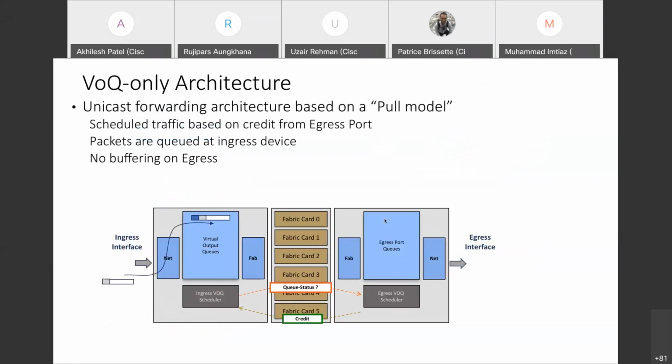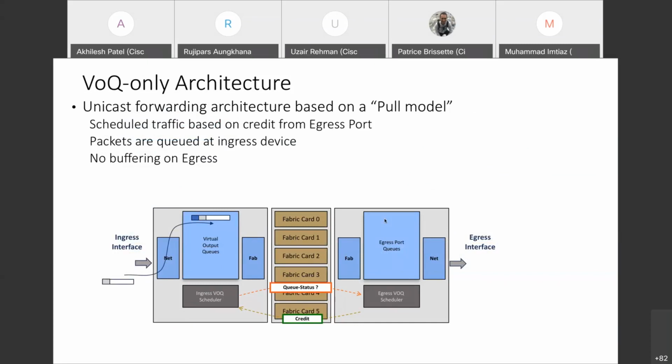This is at a high level the packet flow we look into when we talk about the VOQ architecture. We have an ingress interface, and then we have the VOQ. This is a slice view, or the line card view. The packet comes from the interface, goes to a VOQ, and then there is an ingress side scheduler and an egress side scheduler.